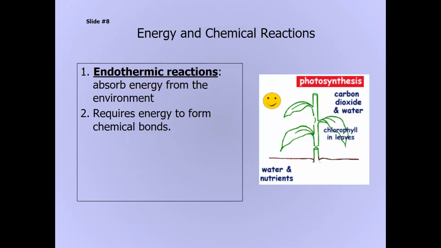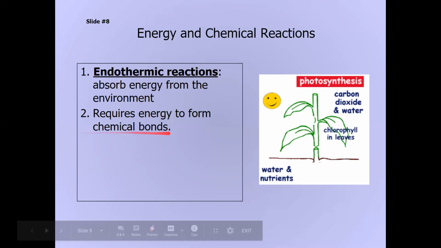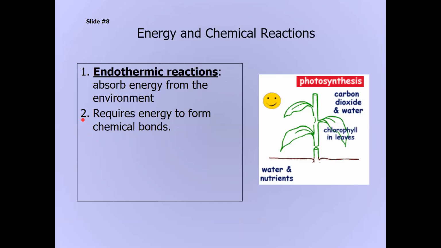So generally, if we're building a whole bunch of big structures, a big chemical, that is an endothermic reaction, right? So those chemical bonds that we were talking about earlier, the covalent bonds and the ionic bonds, it takes energy in order to get those new bonds to happen. So to go from one set of chemicals and break them up and reform them into something bigger, that requires energy from the environment.